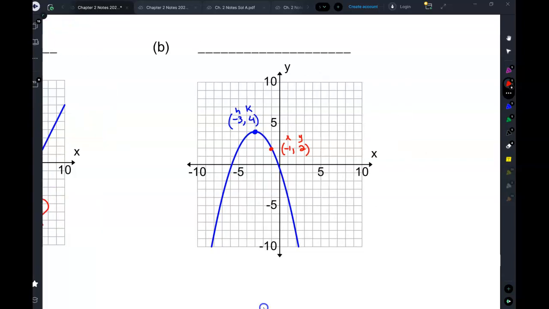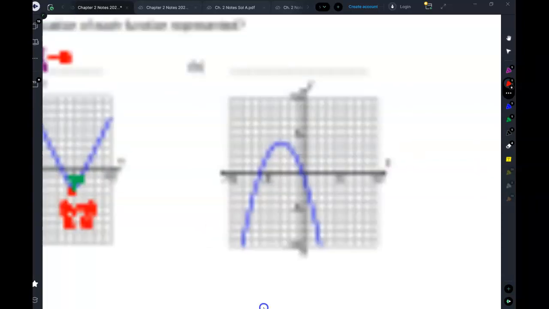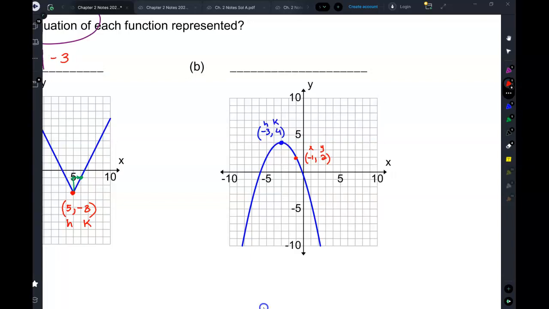What I want to do is figure out, using this, what is my a value? So the formula is y equals a times x minus h squared plus k. Now, I have h and k, I have x and y, I plug them all in here. So y is 2 equals a, x is what?